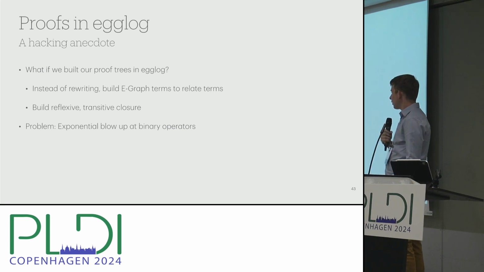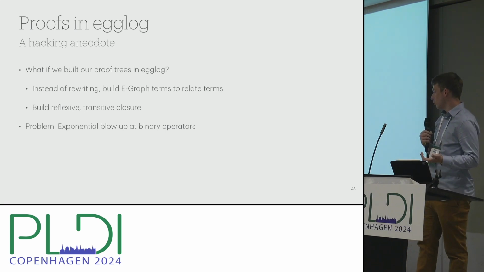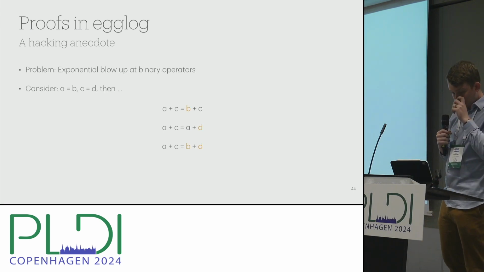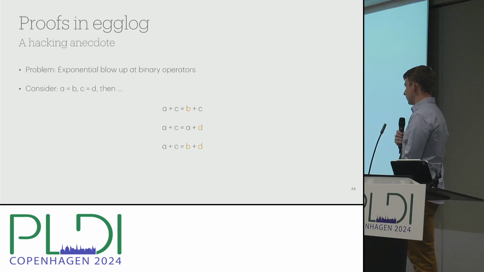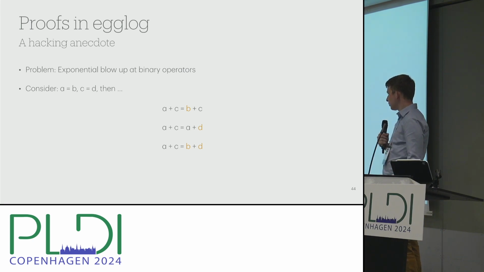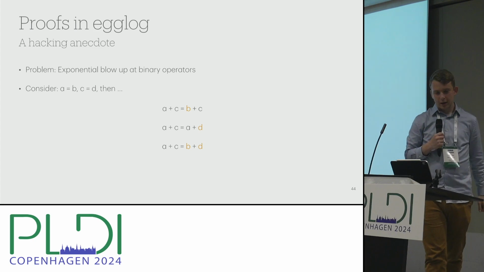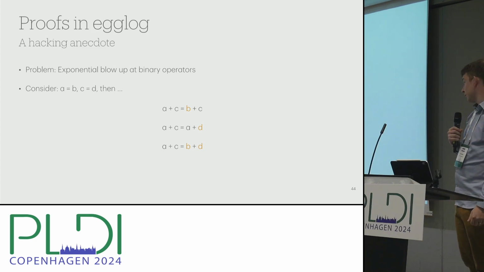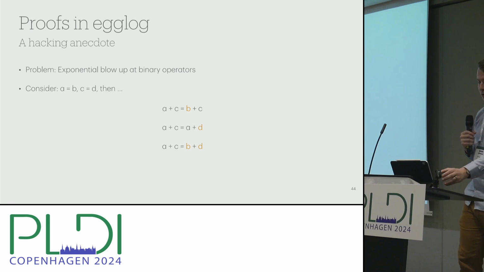The problem why I'm saying sort of is that this blows up as soon as you have binary operations. So consider the following example. We have A equals B and C equals D. Then A plus C equals B plus C, A plus D, or B plus D. Now, when building the closure, we want to ideally know which one we should pick.